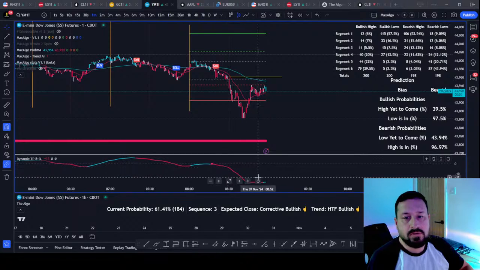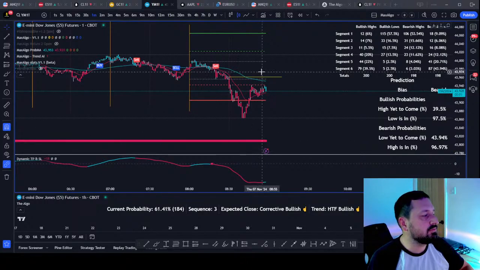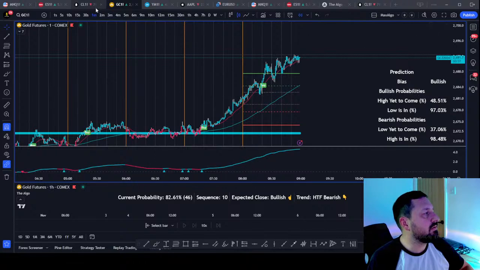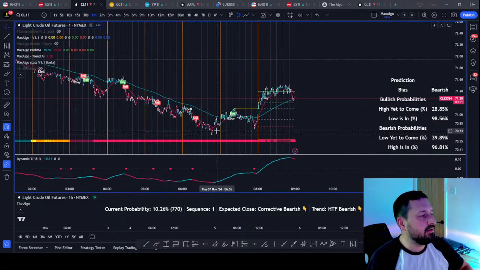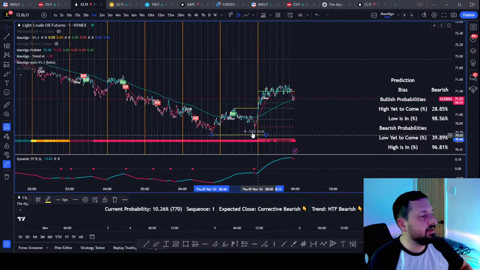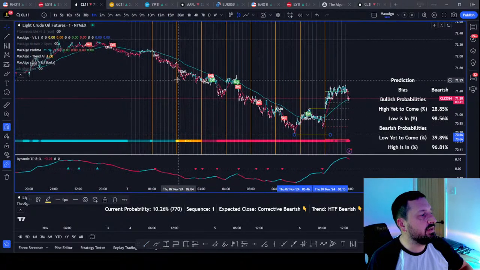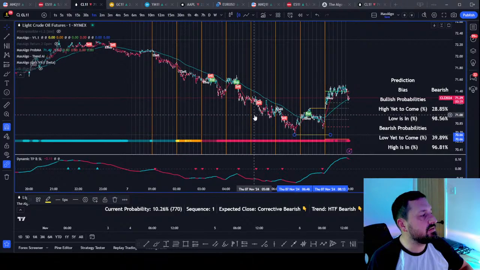Otherwise, we're very bearish. Everything's bearish. CL's obviously just taken the previous candle high. We failed to take the low. Nice switch. All through this, obviously, taking lows.